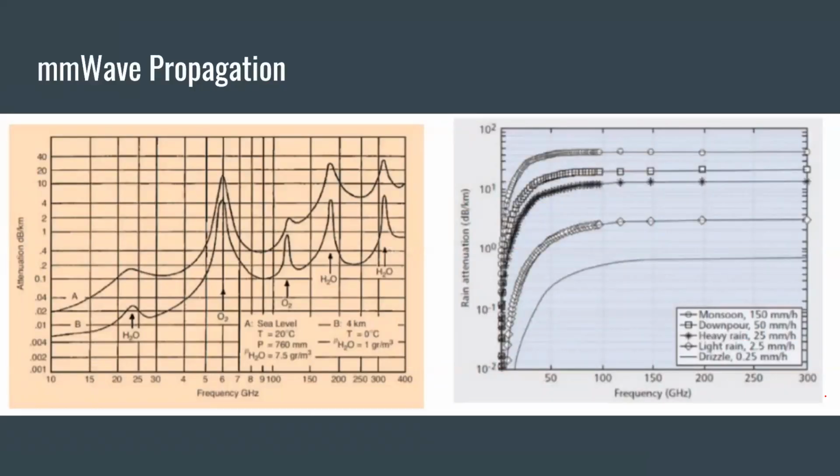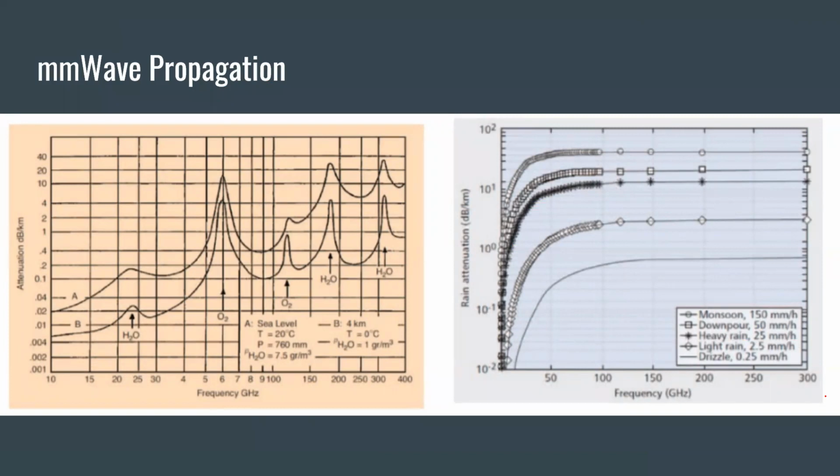But why? Well, there's a problem with millimeter wave propagation. Although it comes with high data rate due to its high frequency, it also makes it vulnerable to attenuation or absorption from molecules in the air. For example, from water due to rain, or even from oxygen.